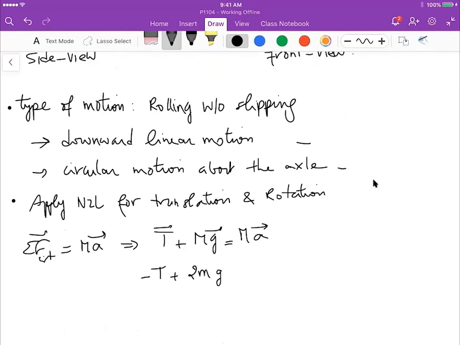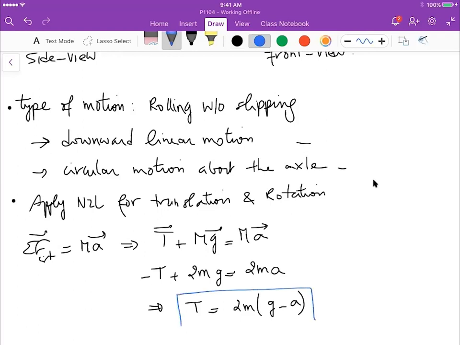So plus 2mg is equal to 2ma. And so from here we can deduce that T is given by 2m times g minus a, where again a is the acceleration of the center of mass. This is the first equation we got from Newton's second law applied on the yo-yo for translational motion.